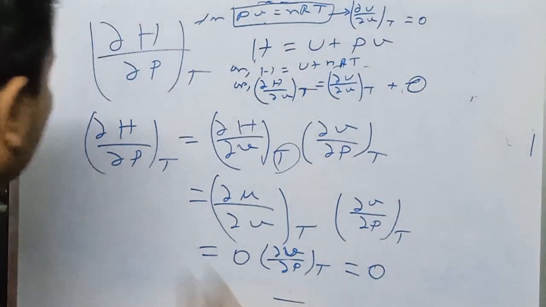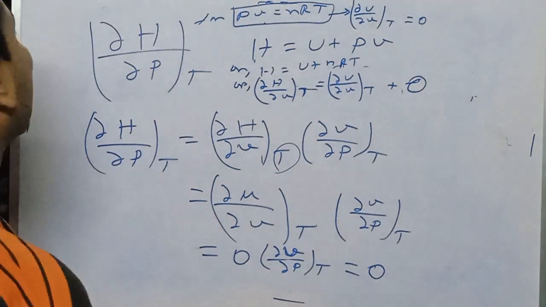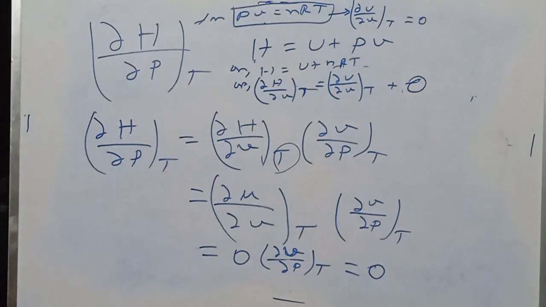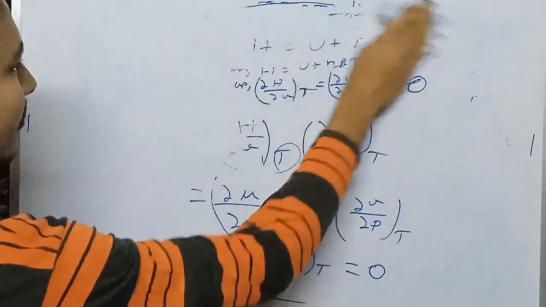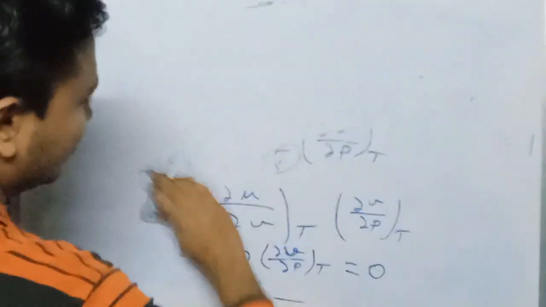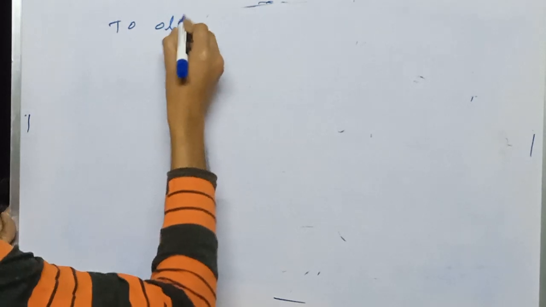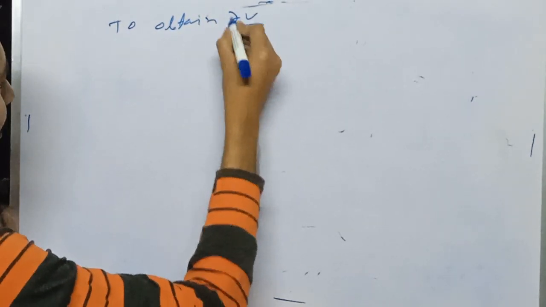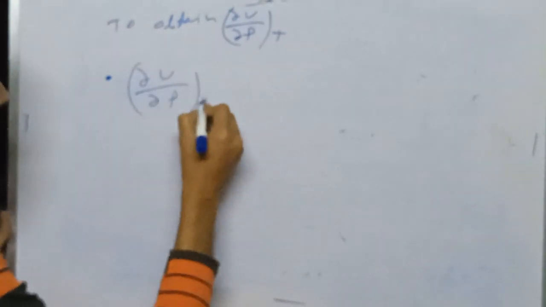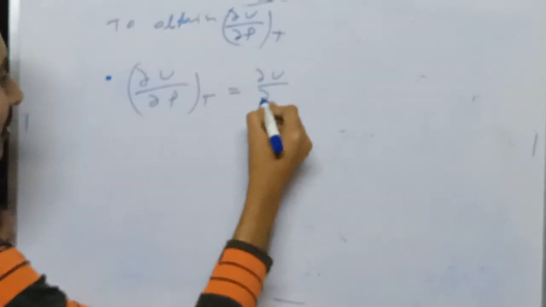So to obtain ∂H/∂P or ∂U/∂P, first use it in the volume format. Then I just summarize these points again. To obtain ∂U/∂P at constant T, first rewrite it as ∂U/∂V at constant T into ∂V/∂P.